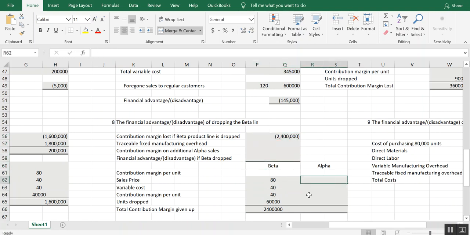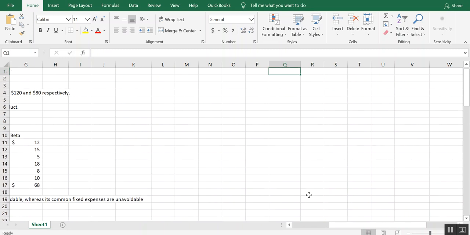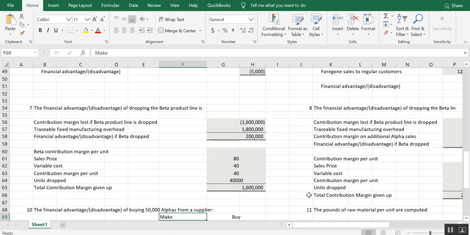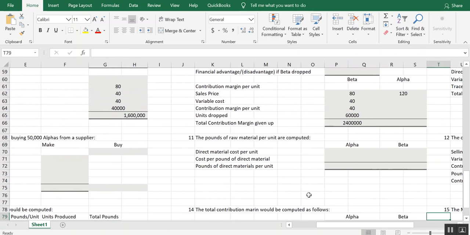However, we are also going to sell some additional alpha products. So we take the alpha sales price, and then we're going to take the variable cost for alpha, which is going to be direct materials, direct labor, variable overhead, and variable selling. So I'm going to go back down here and enter those in and add those up.